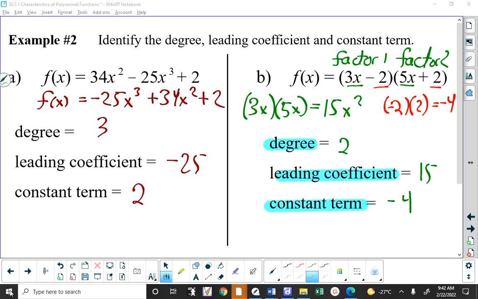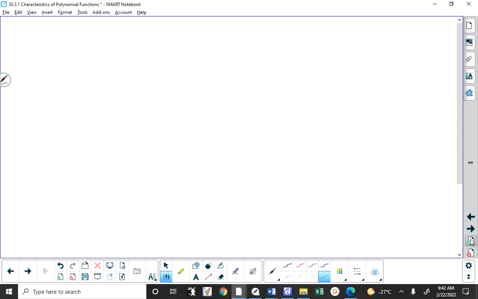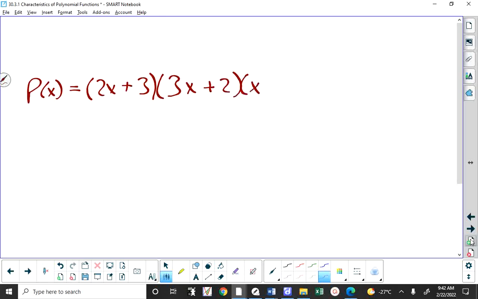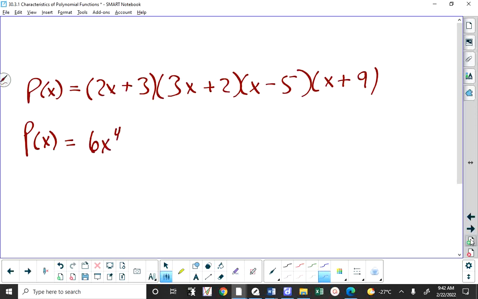In other words, and you don't need to write this down, we're going to see lots of examples like this. If I gave you the following polynomial function, then you should know that if you expand this out, you are going to get 6x to the 4. I want everybody to think about where I'm getting 6x to the 4 from.